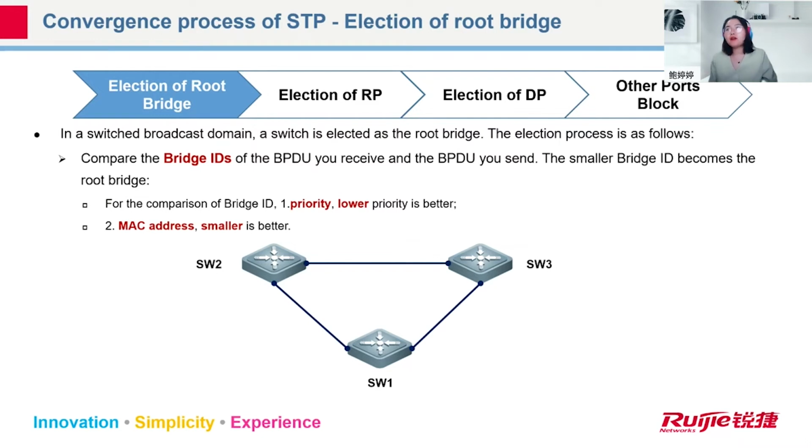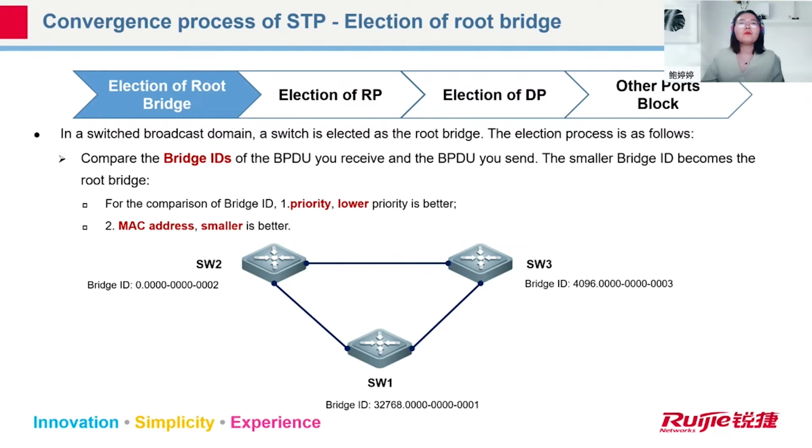The default priority is 32768. Like this example, if we have 3 switches, 1, 2, and 3, each switch has a priority and a MAC address, right? This indicates the bridge ID.